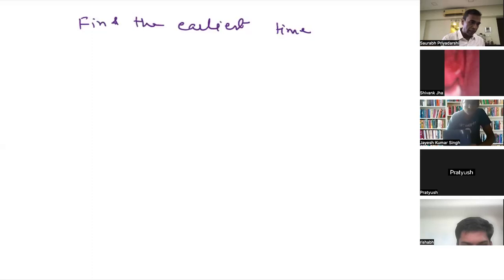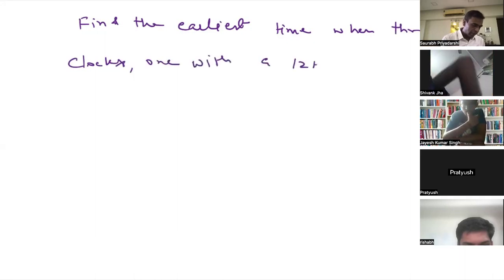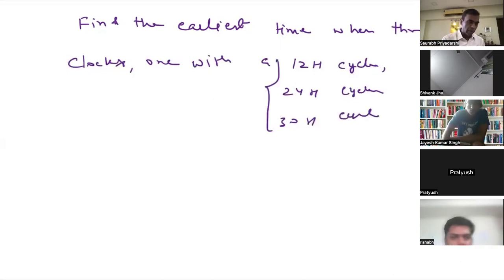So two questions I'm going to give you in this. First is find the earliest time when 3 clocks, one with a 12 hour cycle, second a 24-hour cycle, and third a 30-hour cycle, will show the same time.